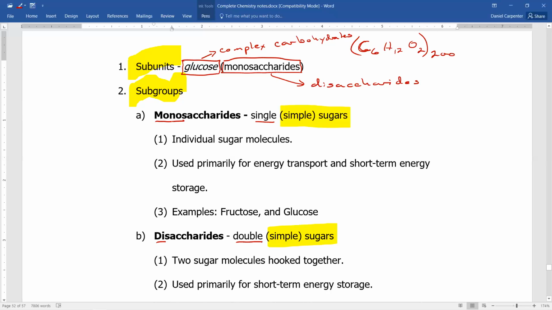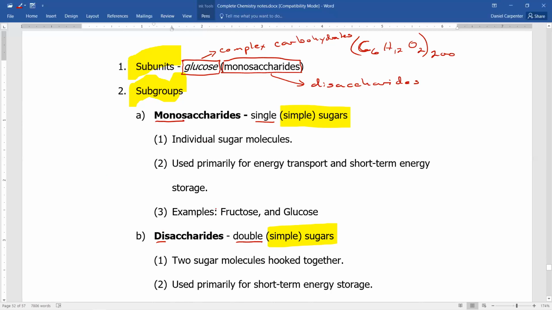So a single sugar molecule is a monosaccharide. If I hook two single sugar molecules together, then I get a double sugar, but it's still one molecule. That's why it gets confusing, because the two molecules have been combined.